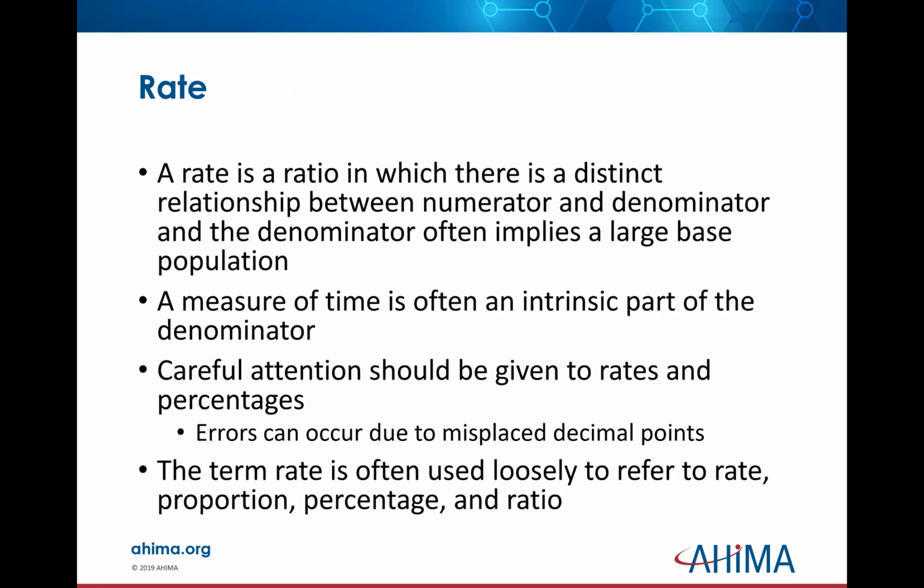Anytime we see the word rate, we're talking about a relationship between a numerator and a denominator. So a rate of miles per hour is how many miles somebody is driving in the denominator of an hour, right?